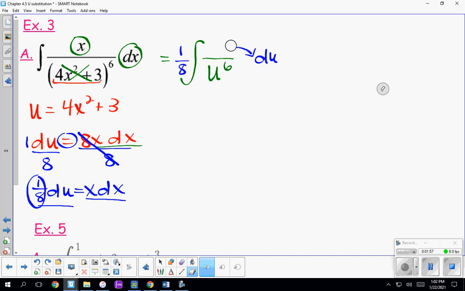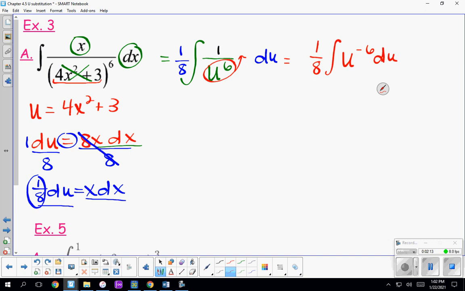Now, when I want to clean this up just a bit, there's nothing on the top, which means there's a 1. And then remember, in order to integrate, I need this guy to be up in the numerator. So I'm really integrating 1/8 times the integral of u to the negative 6 du. And when I integrate, again, I'm going to add 1 to that exponent and then divide.